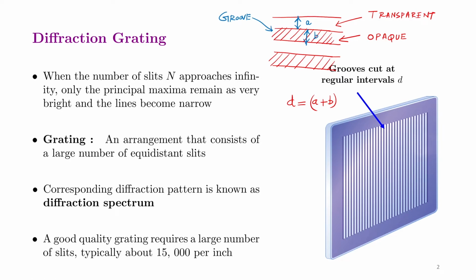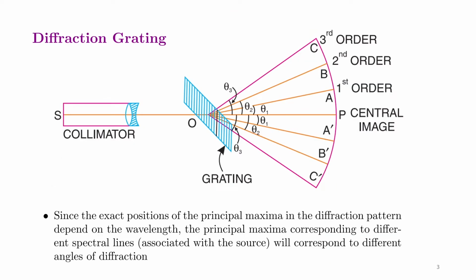The diffraction pattern that is generated by a grating is known as a diffraction spectrum. A good quality grating requires a large number of slits, typically about 1500 per inch. This figure shows the diffraction pattern generated by a diffraction grating.